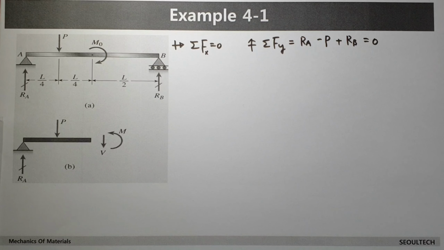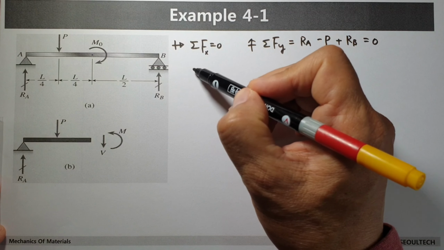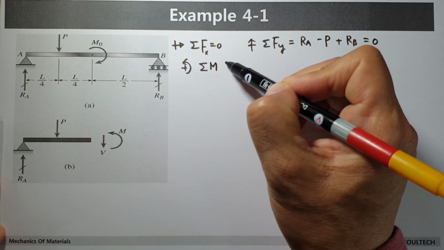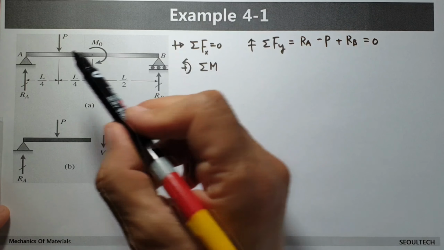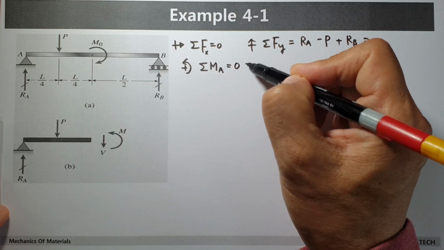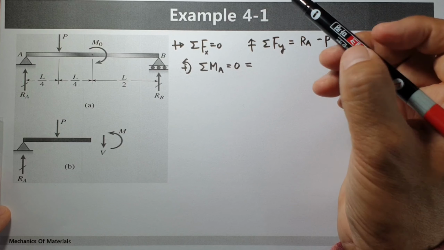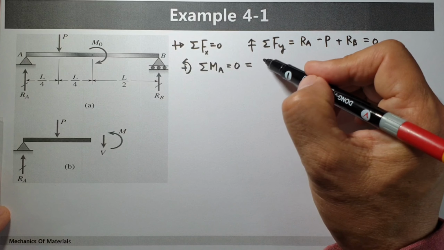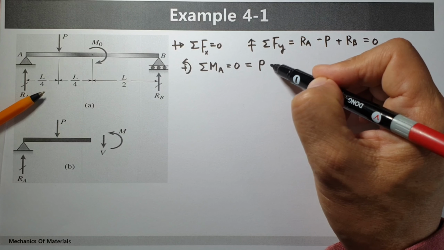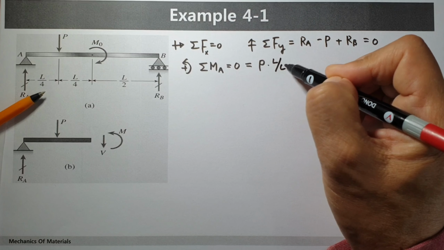Okay, next one. We can think of moment. Let's say this direction is positive. Moment around this point, point A, equals 0. It is in the state of equilibrium. Then P multiplied by L over 4.